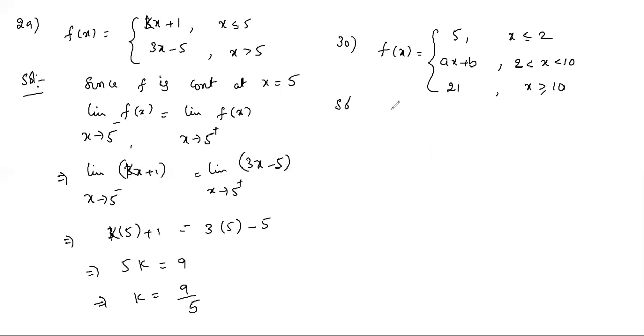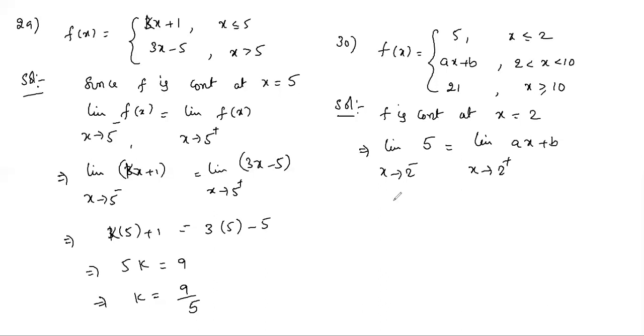So it is a continuous function, which means you have to take x equal to 2 and x equal to 10. f is continuous at x equal to 2 implies limit as x tends to 2 minus, left side function is 5, equals limit as x tends to 2 plus, right side function is ax plus b. In the direct substitution, 5 equals 2a plus b.